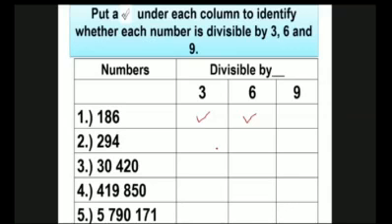And another, 294. Do you think it is divisible by 3? Yes, it is divisible by 3. Why? 2 plus 9 is 11 plus 4, that is 15, and again divisible by 3. So how about 6? 294, is it divisible by 6?